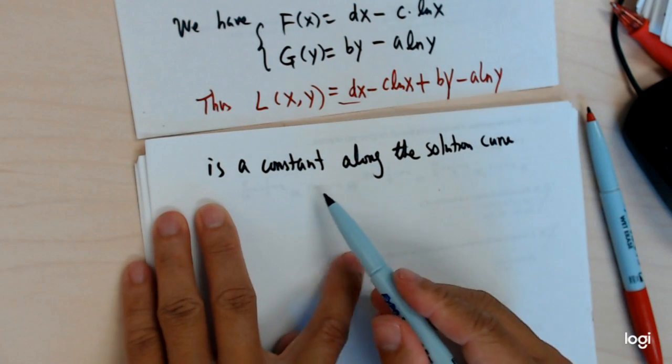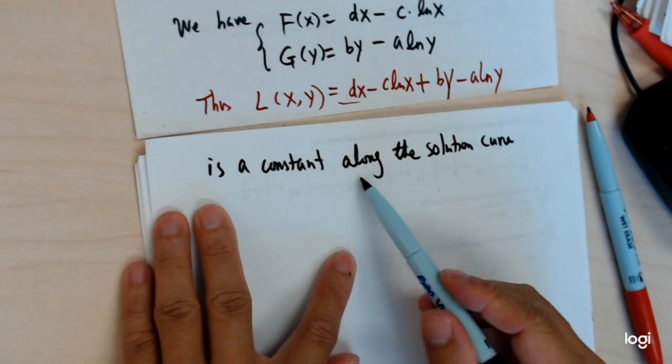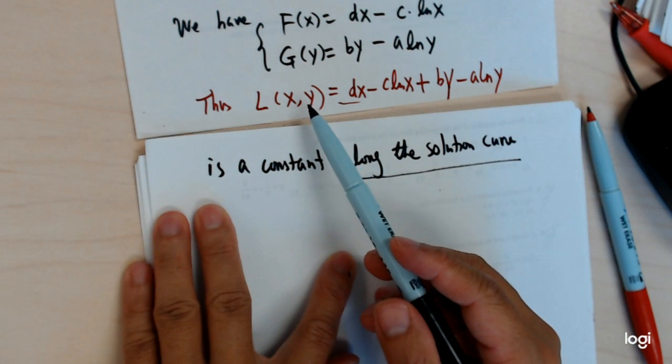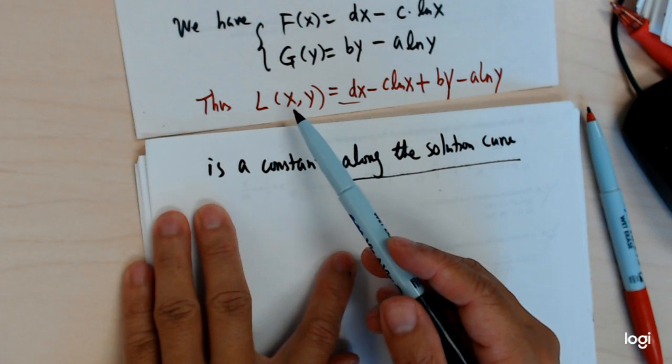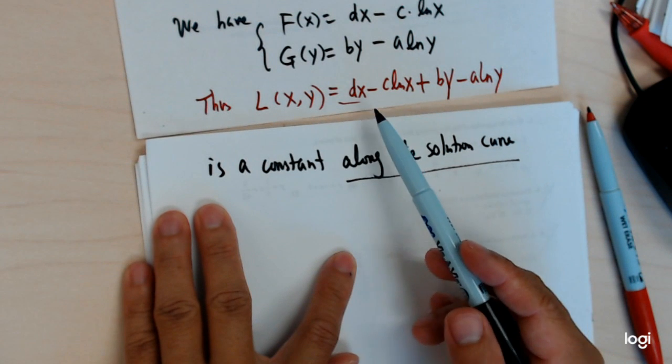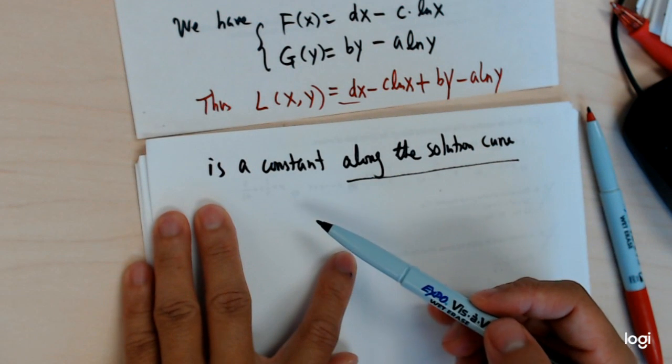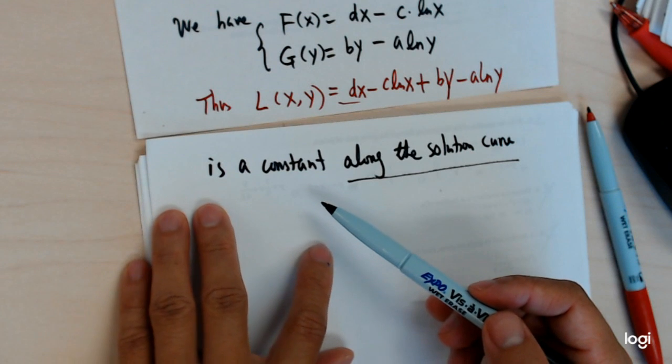So here, when we say this is a constant along the solution curve, we really mean whenever x and y is a solution to the system, then this guy is always a constant because the time derivative will be 0.